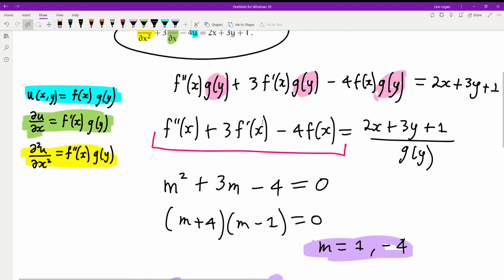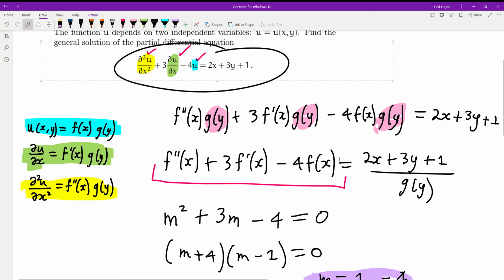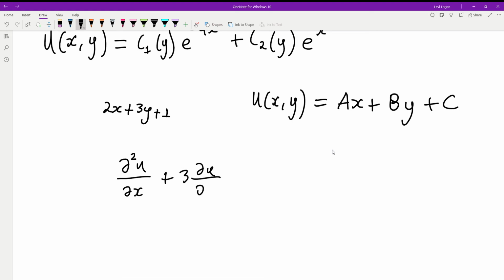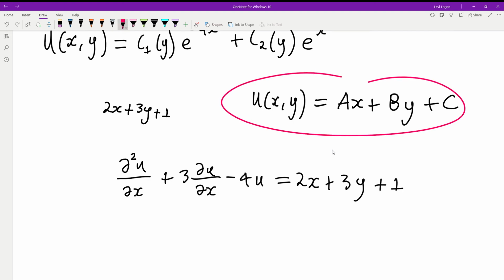So if we just rewrite our PDE, our partial differential equation, I'll write it down here. Second derivative with respect to x, plus 3 times this one here, minus 4u equals 2x plus 3y plus 1. So when we substitute this into the PDE, we're going to work out whatever these coefficients are that satisfy it.